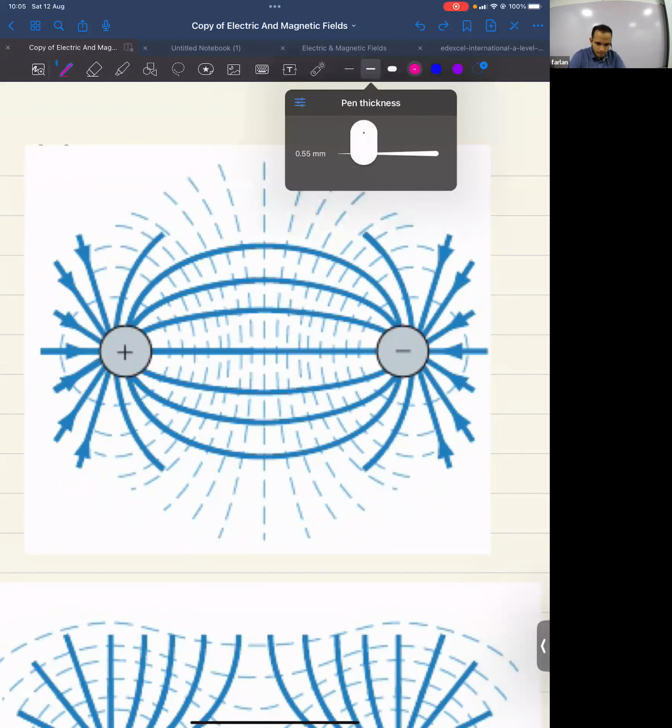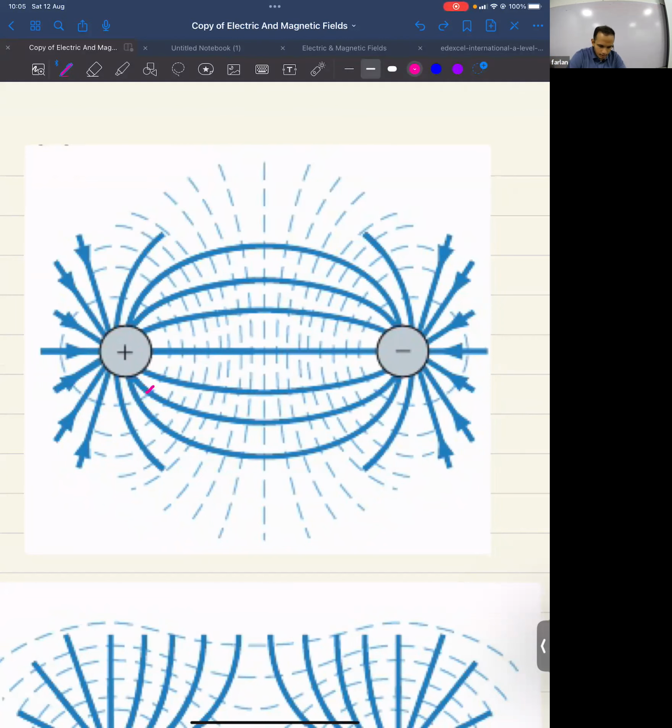In this example, you can see these points are close to the positive charge. To have the same potential on the other side, it's far. So guys, no need to draw all. Just draw about 4 or 5 lines. But when you are drawing, make sure every single line that you draw is closer to the positive charge on this side and further from the positive charge on this side.